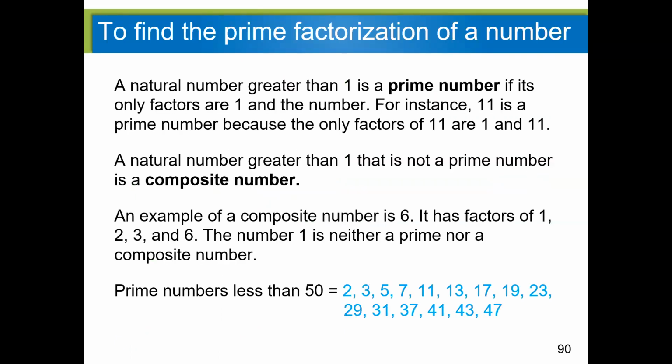Prime factorization. Prime factorization refers to a number being prime. A number is prime if it's only divisible by 1 and itself. Shown on the bottom there are the prime numbers less than 50. They're unique because, again, they only have one factor. They don't have factors outside of 1 and themselves.